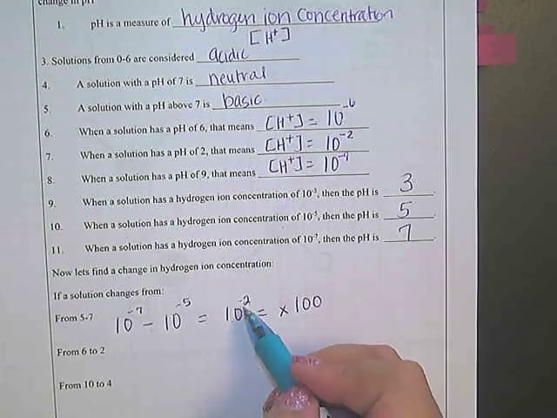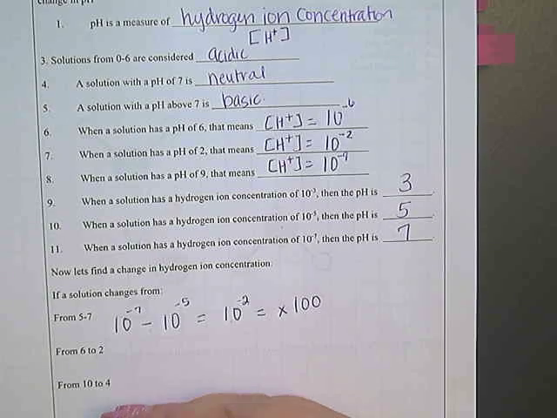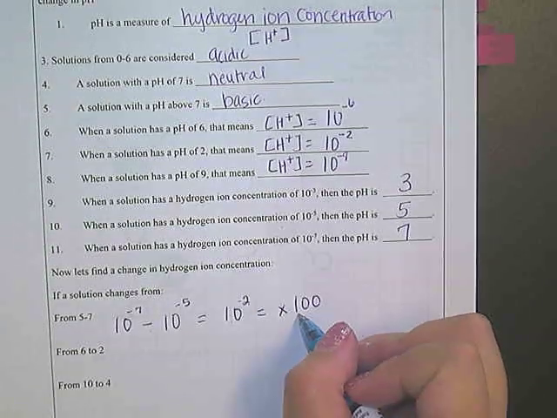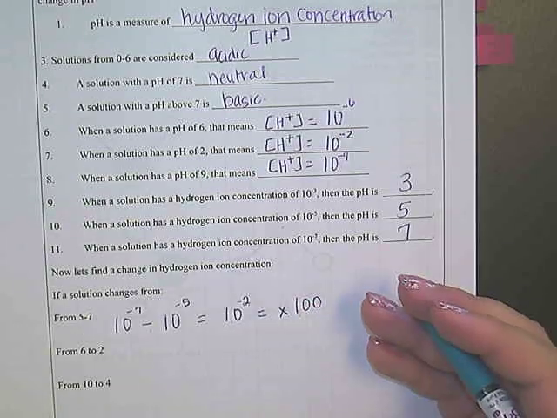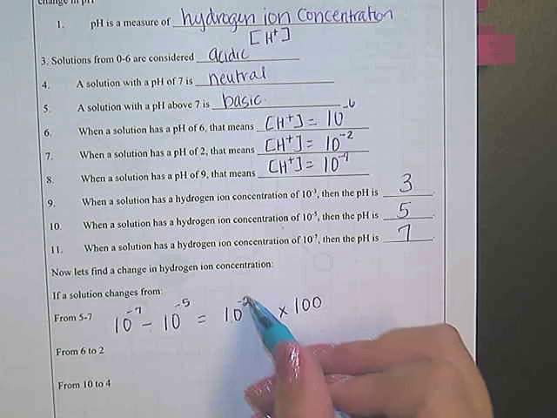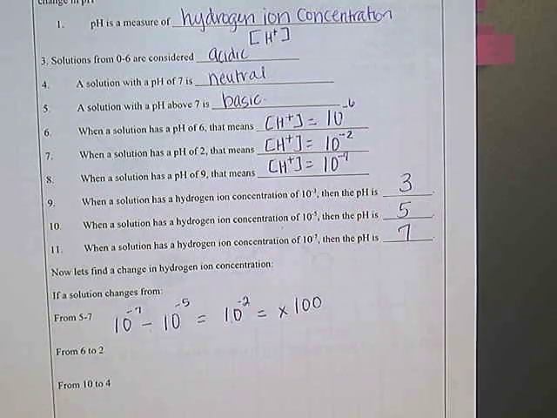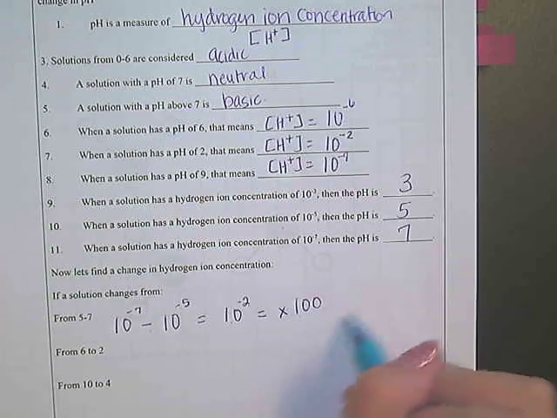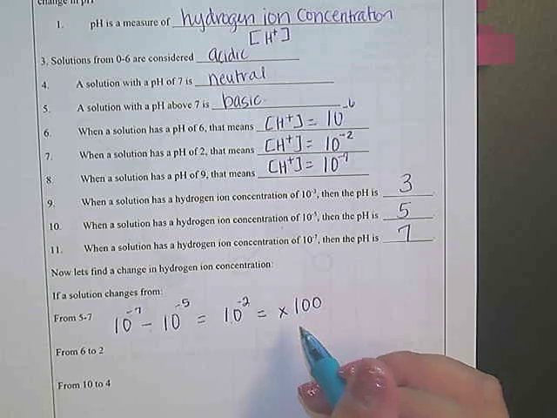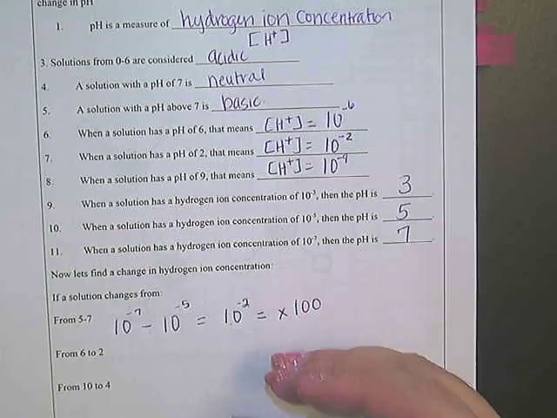You don't actually indicate whether or not it's increasing or decreasing by that factor. You just simply state the factor by which it changes. In this case, since it's minus, it would be decreasing by a factor of 100, but we don't indicate that because these are usually grid-ins. There's no way to indicate that it was increasing or decreasing, so we just say it changed by a factor of 100.